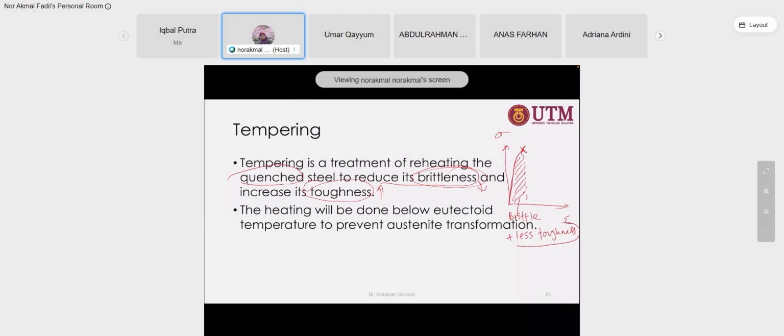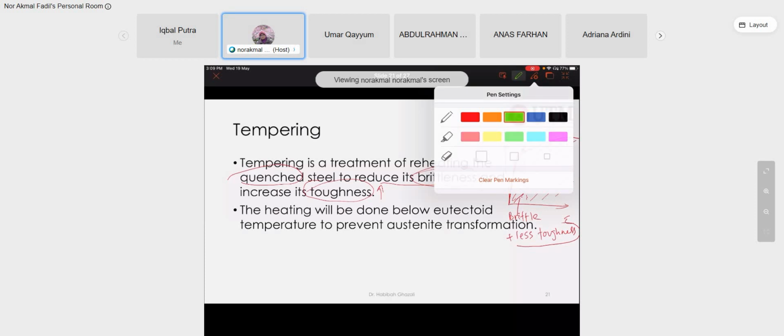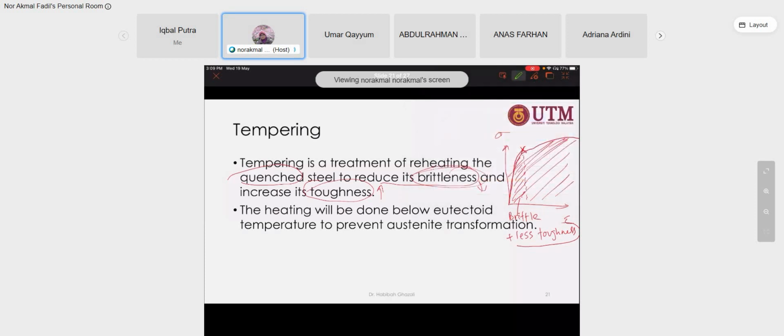If we compare between these two, this shows the area under the curve is larger compared to the first one. Practically, it's maybe for after the heat treatment process, after the tempering process. Maybe the tensile strength is slightly higher than the fracture strength of the brittle material, but the area under the curve is larger.